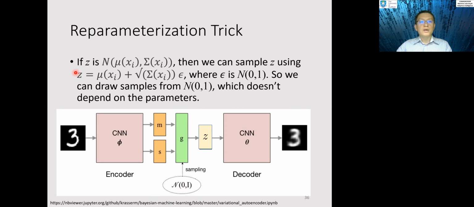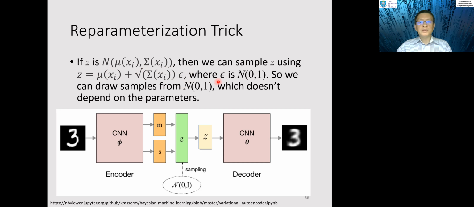Let's suppose Z is a Gaussian distribution with the mean generated by X and also the variance generated by X. We can actually sample Z using this formula: Z equals mu of X plus the standard deviation times epsilon.